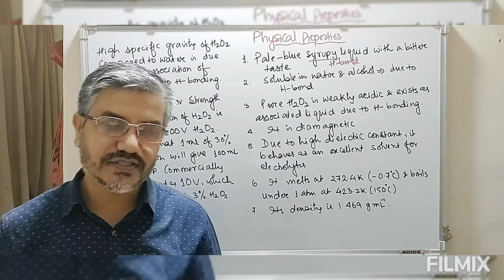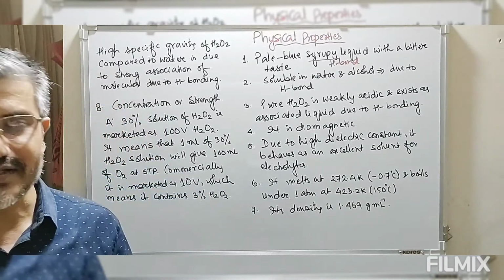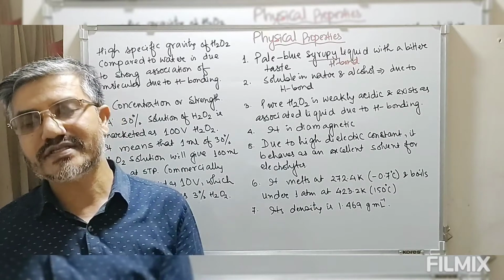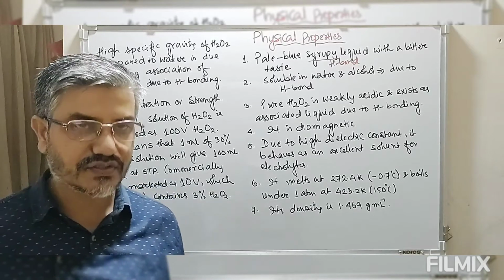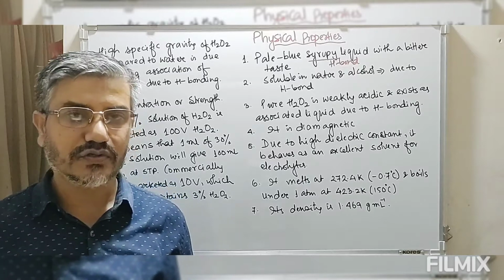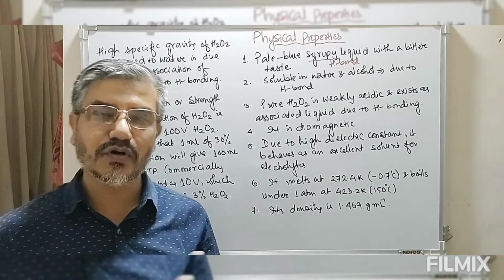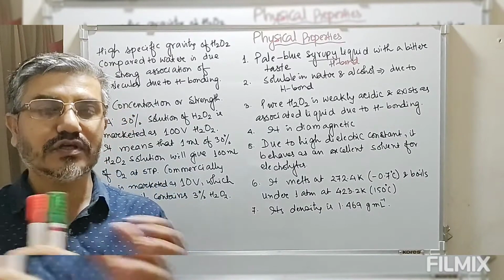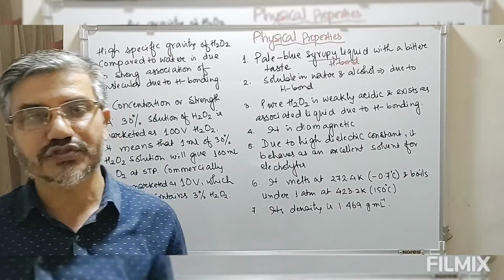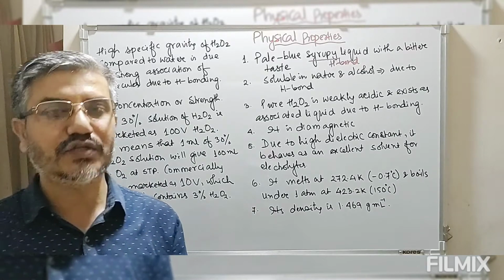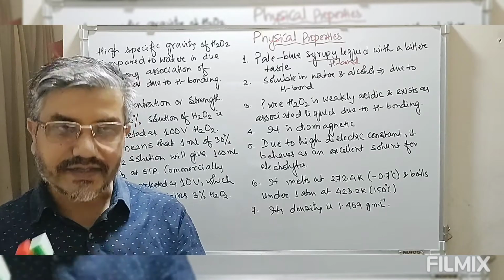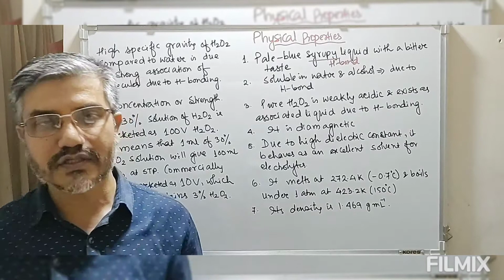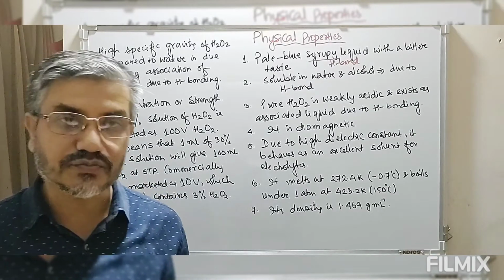This hydrogen peroxide is soluble in water as well as alcohol. When we say a particular substance is soluble in water, the only reason is the association of this molecule with water through hydrogen bond. So this hydrogen peroxide can associate with molecules of water through hydrogen bond.